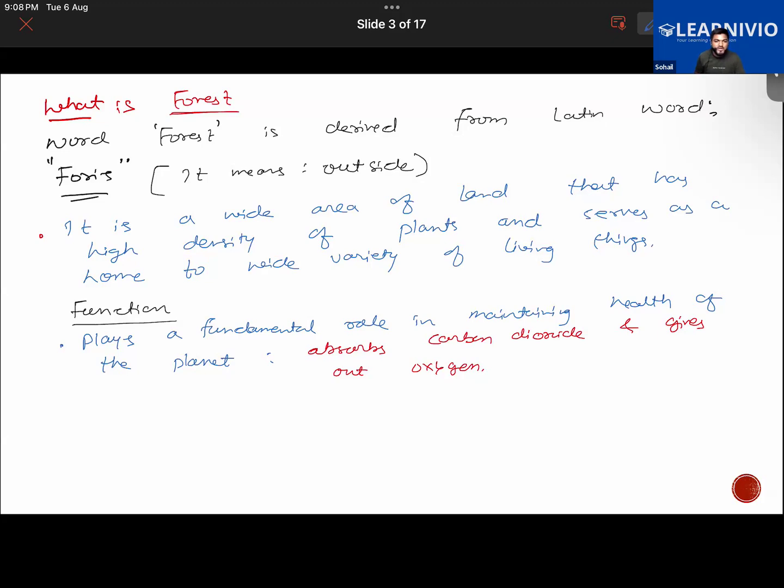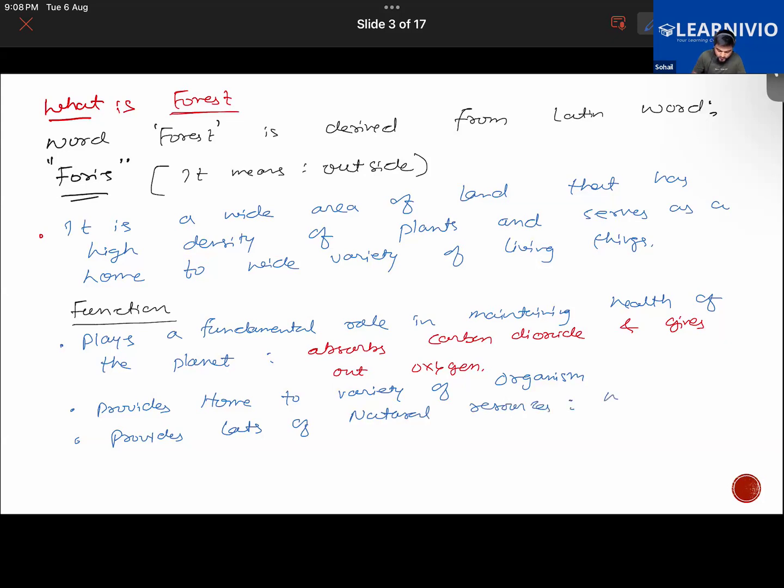Furthermore, forests also provide us with lots of natural resources. First of all, provides home to a variety of organisms. Another thing is that it provides lots of natural resources like wood, like latex.